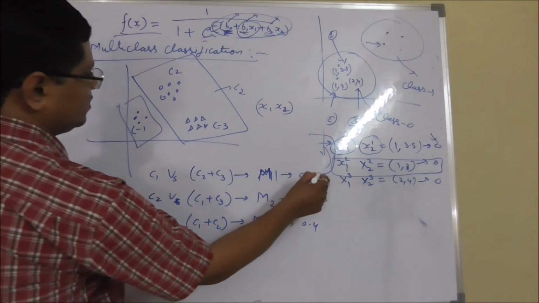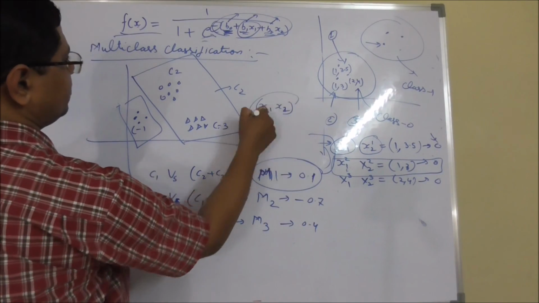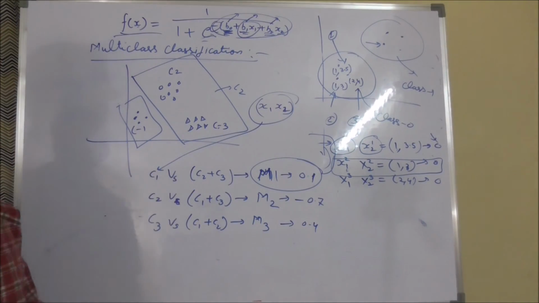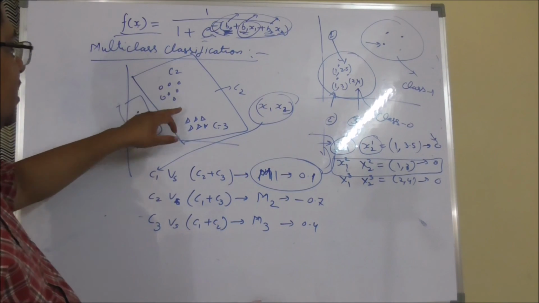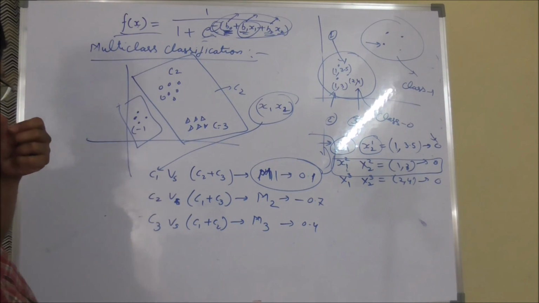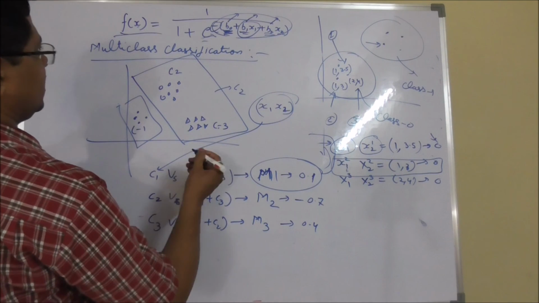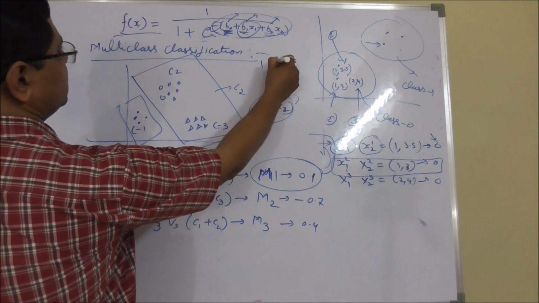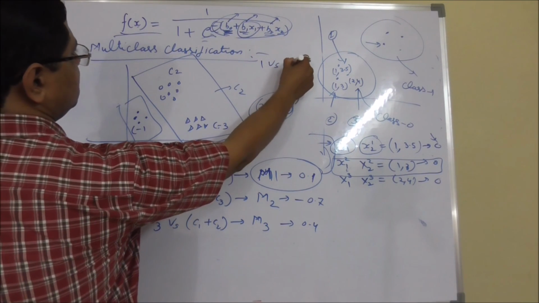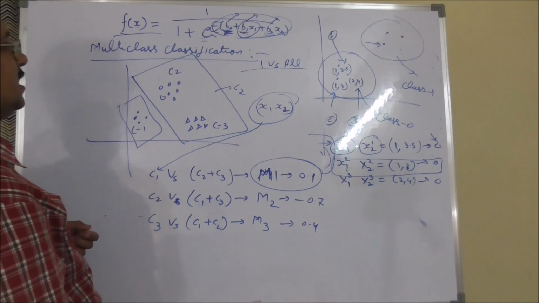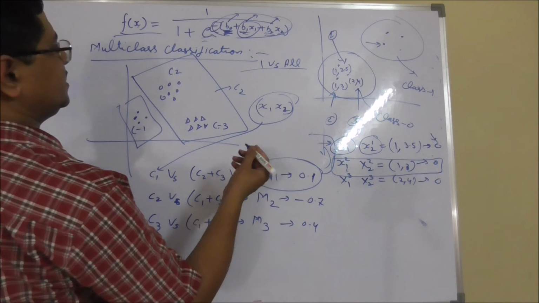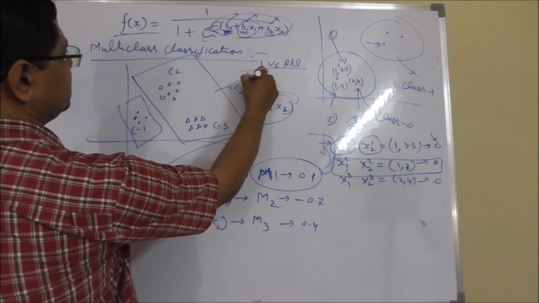Then in this case this was the maximum value, so we will put this point in class C1. But there are some situations, because we are using a multi-class classifier by using one versus all, so we will also face the demerits of one versus all type of classifiers, which is class imbalance.